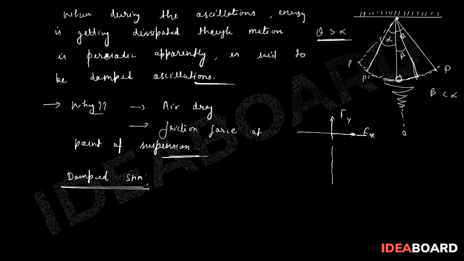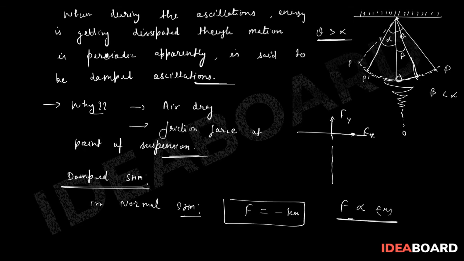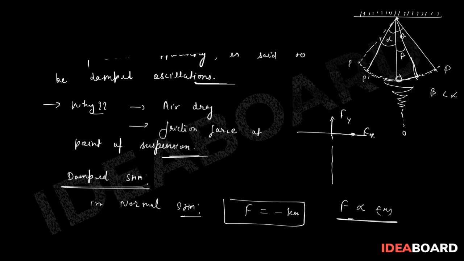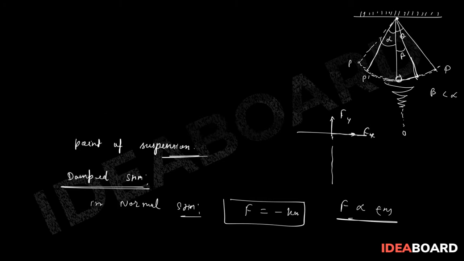Damped SHM. In normal SHM, we have seen F is equal to minus kx. That means force was proportional to displacement, but of course in the opposite direction. Here there is air drag also simultaneously. So you need to understand that the air drag will be opposite to the direction of the velocity.